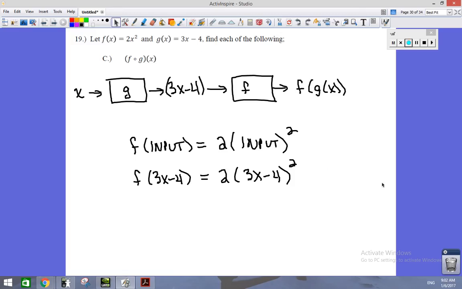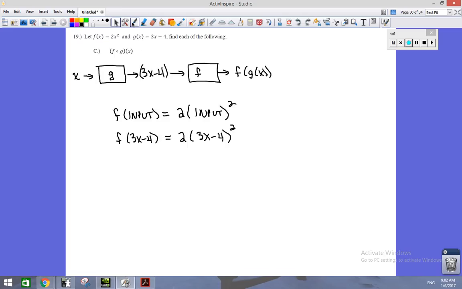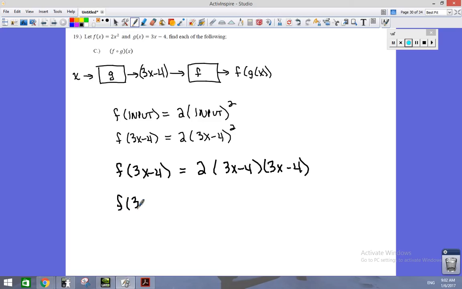Now, many students are accidentally going to distribute that 2 through there, and that you can't. When you have an exponent, that means 3x minus 4 times 3x minus 4. And maybe you like to multiply binomials using a table.